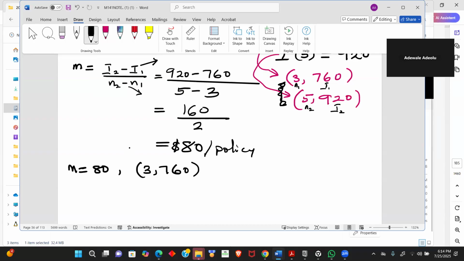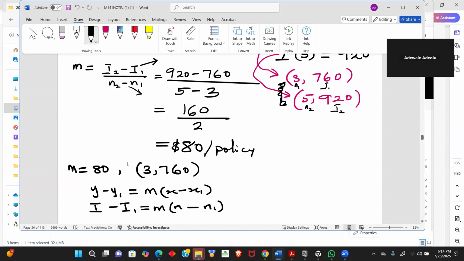Remember, my slope point form is y minus y1 equals m into x minus x1. In this case, I can write it as I minus I1 equals m into n minus n1.